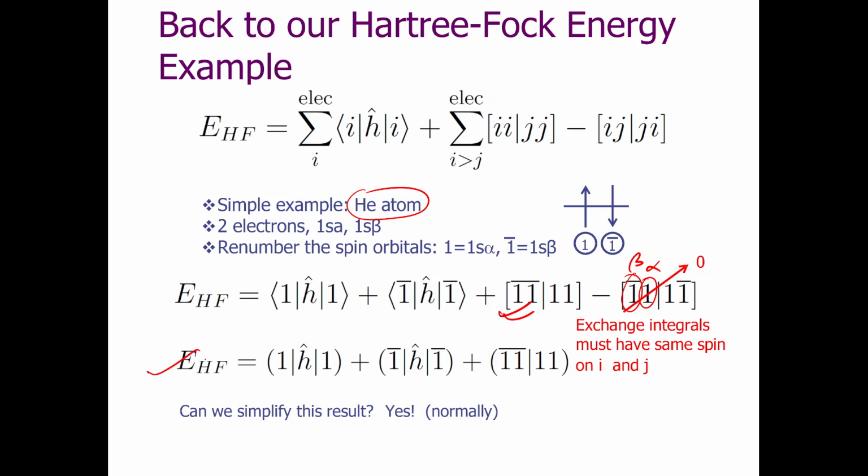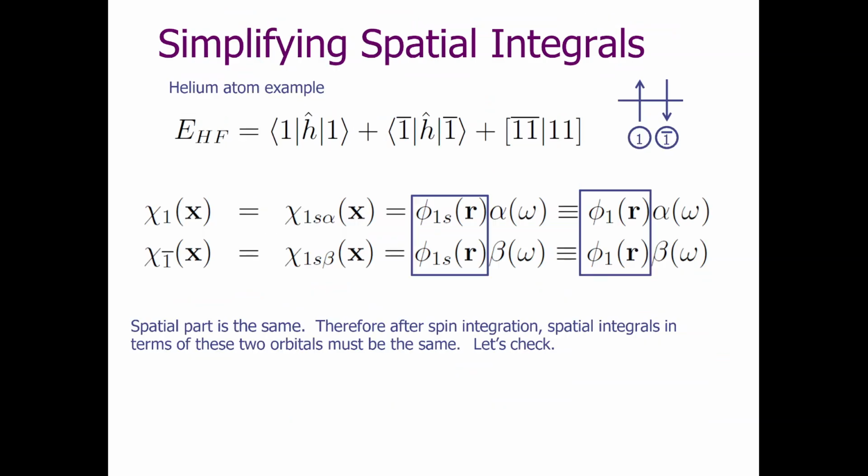So this is your final result. Now can we simplify this result even more? Yes, let's see. That is actually your restricted Hartree-Fock. So this is the helium atom. Here what it is actually doing is that this is the first electron, and this is the second electron.